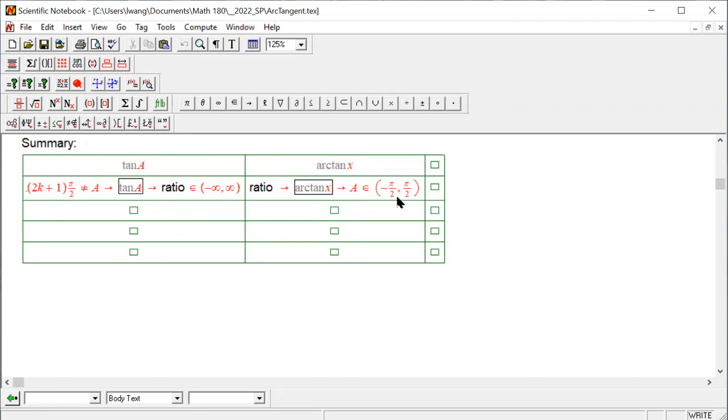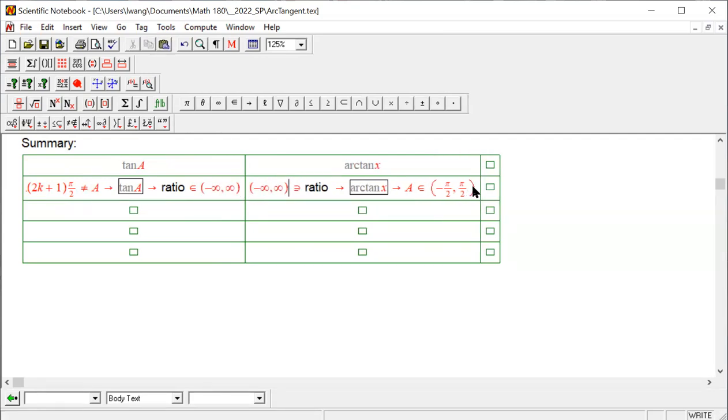So arctangent, you see how different the domain and range are. The ratio here can be any real number, and the range, however, is from negative pi over 2 to positive pi over 2. It's just a strip.